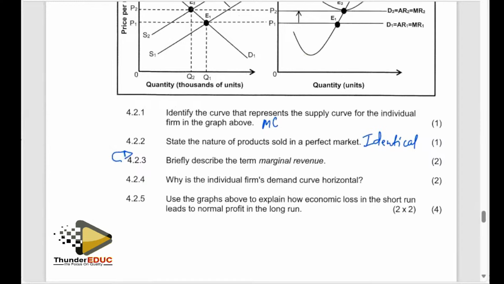Okay, right. So now let's check the definition of marginal revenues. So now 4.2.3 briefly describe the term marginal revenues. Okay, right. So now marginal revenues actually is the change in total revenue when an extra unit of output is sold.